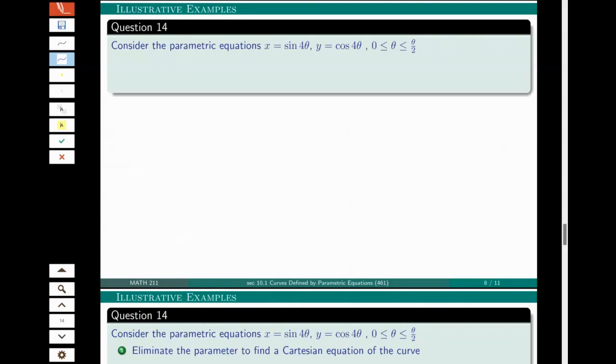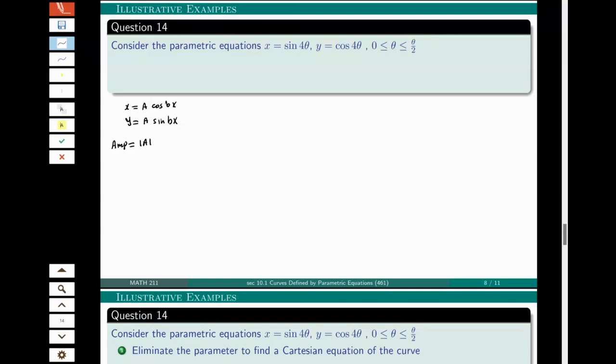Here, again, I have to remind you: when we say x or y is equal to a cosine bx, or y is equal to a sine bx, here we have, first of all, the amplitude, which will give me the height, which is the absolute value of a.